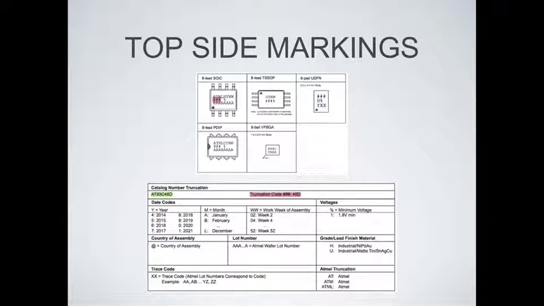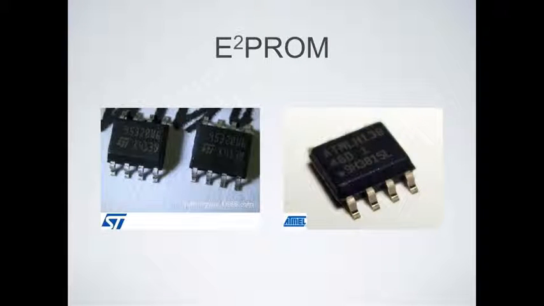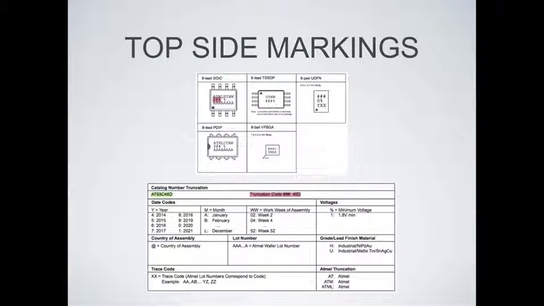Then how you can correlate that back is you go back up on the same page, just a little bit higher. It's going to show you the 8-lead SOIC package, with exactly the arrangement of the letters matching this very first one. So you have to correlate the package type with some lettering, and then further down in the data sheet you're going to see this thing called truncation code.